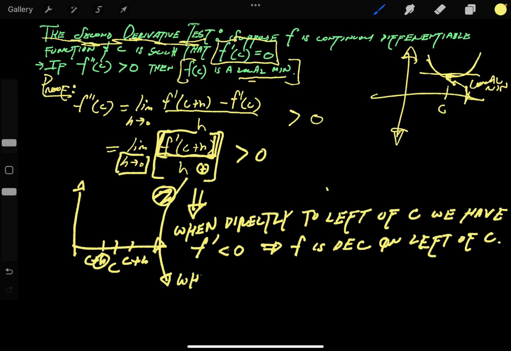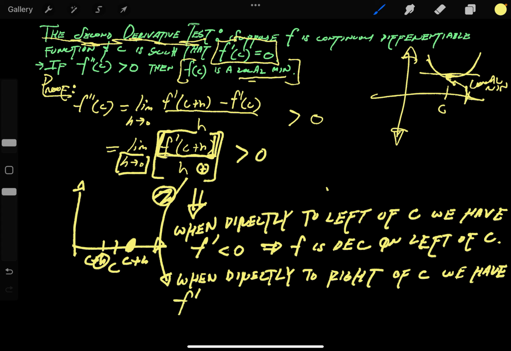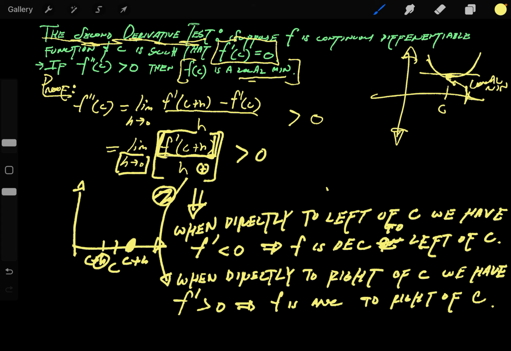So when we're directly to the right of c, we have that the first derivative is positive, which implies f is increasing to the right of c. And these two things together imply that c is a minimum.